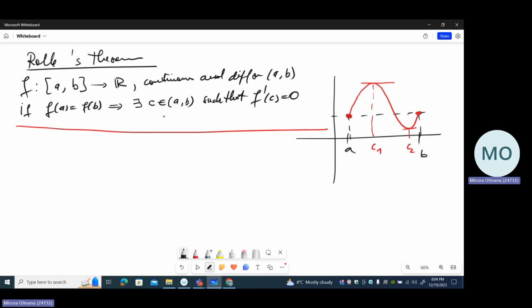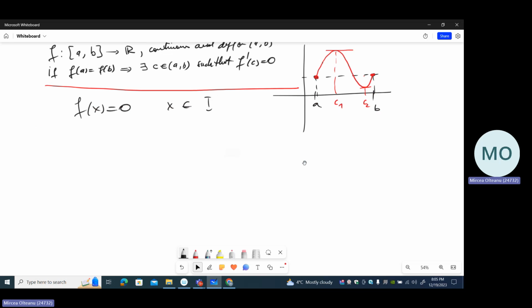Okay, now let's see applications. The usual and the most important application is to find the number of the solutions of an equation. Suppose, for example, we have an equation f of x equals 0, with the unknown x in some interval, and we would like to know the number of the real solutions.